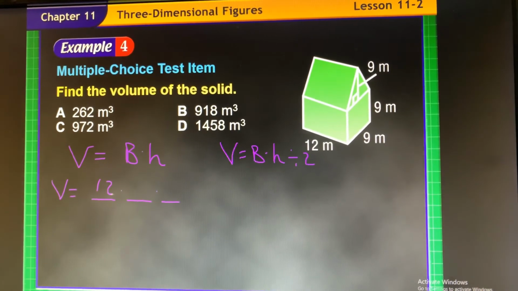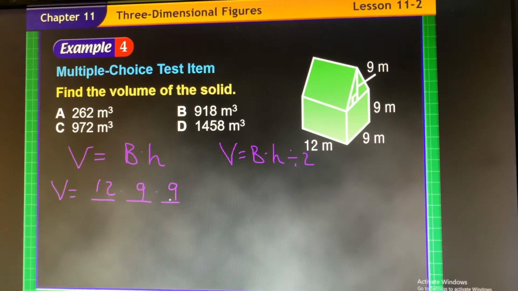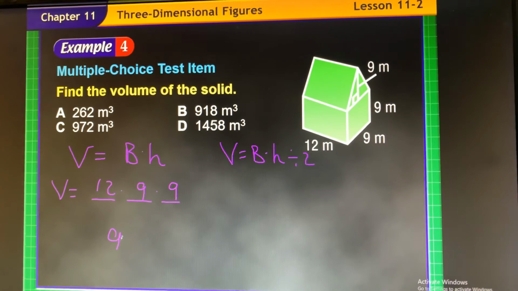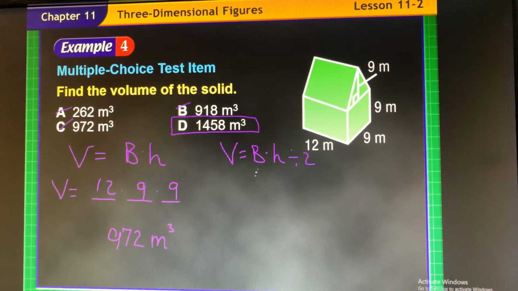That's a 12 by 9 by 9, correct? So do 12 times 9 times 9, and you get 972 meters cubed. So clearly it's not this answer, clearly it's not that answer, and clearly it's not this answer. So we're shooting for this answer right here because I still have to find the volume of the top.